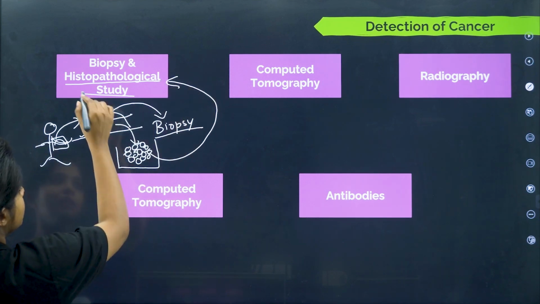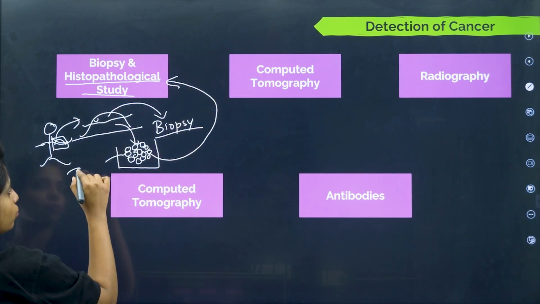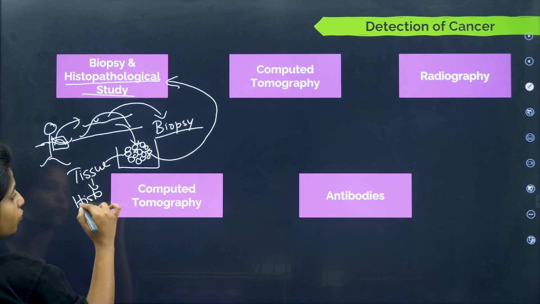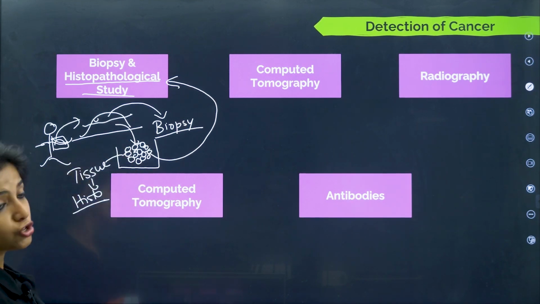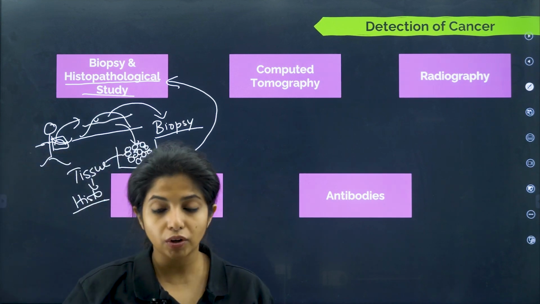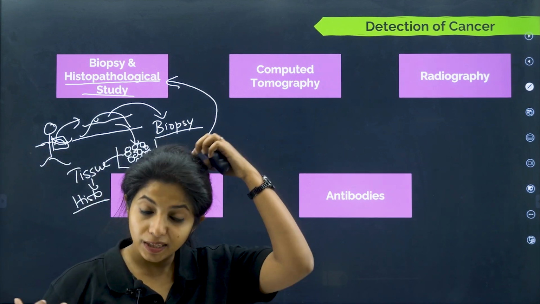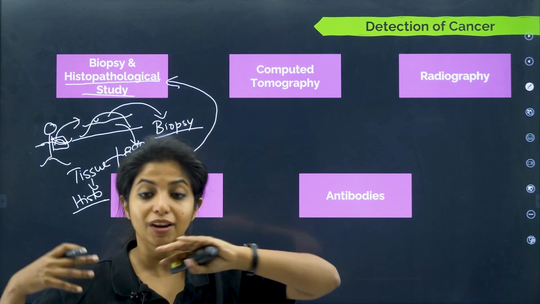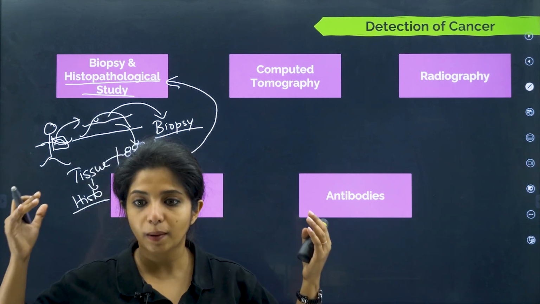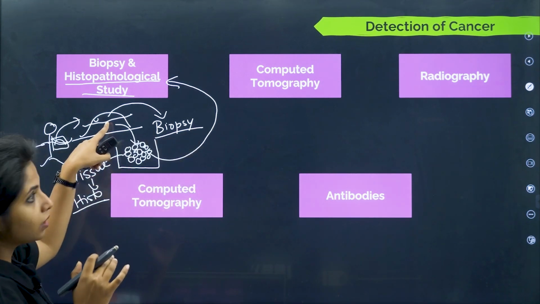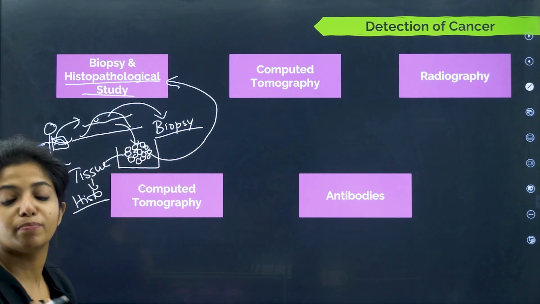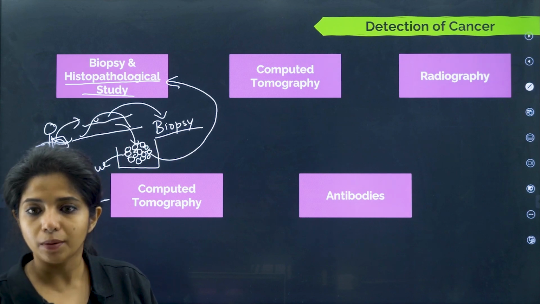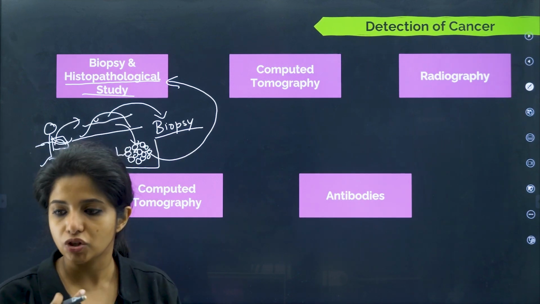Histo as in what? The term histo means tissue. So when you are studying tissue, you check whether the cells are growing uncontrollably, they are immortal, they are not dying. That means probably this tissue is part of a tumor which is malignant, which could be cancerous. So that is what you mean by biopsy and histopathological study.